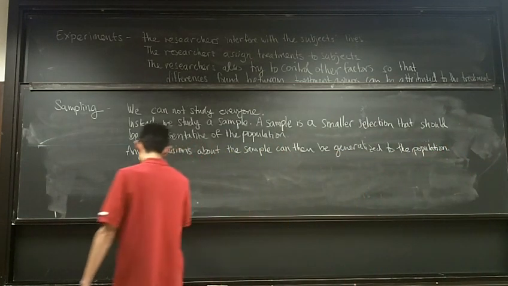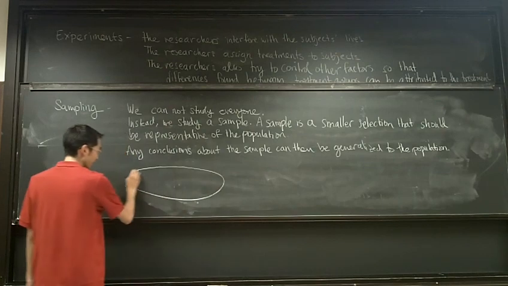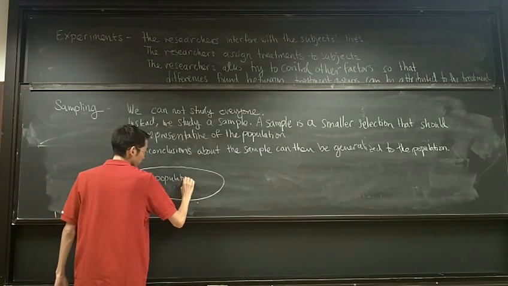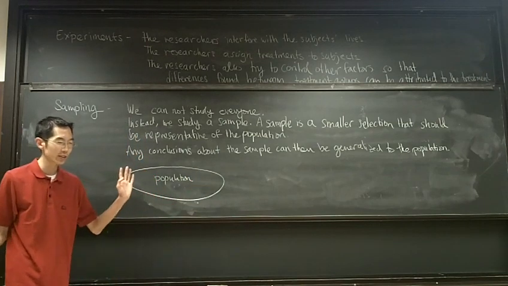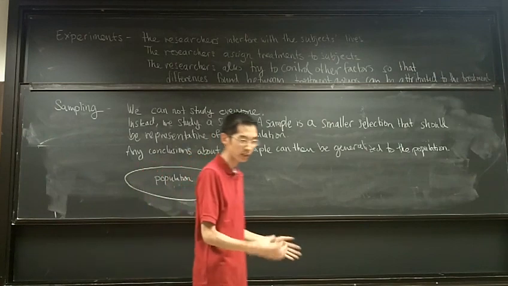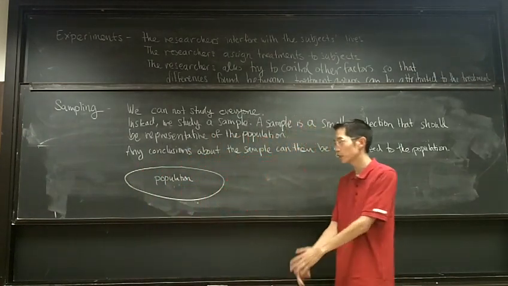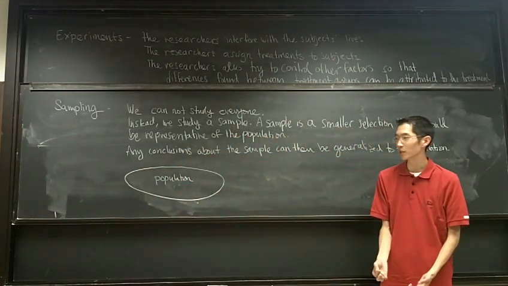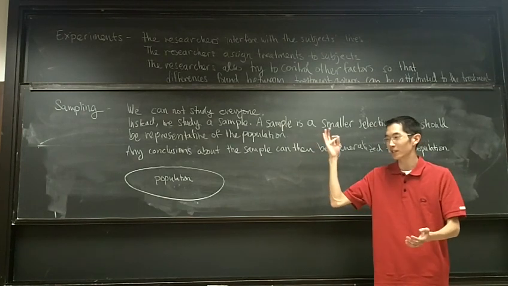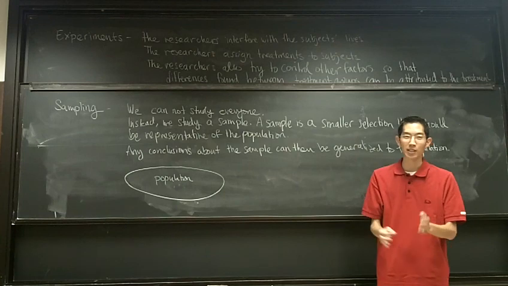So the picture that you see represents a population. When we say population, it could be anything. It could be everybody in the United States. It could be everybody in the world. It could be people in the 29 to 49 demographic.